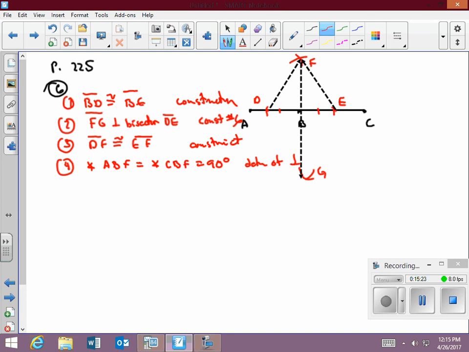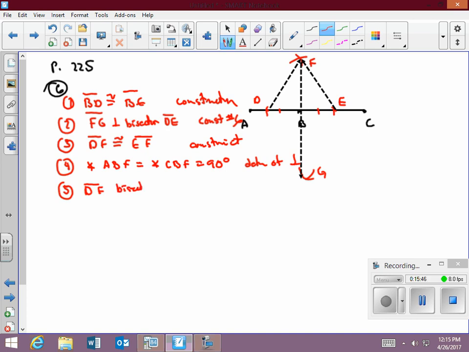And then what you have done is DF bisects, because they want just bisected, right?